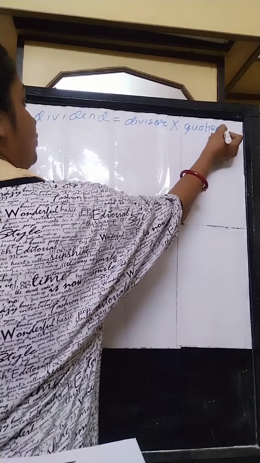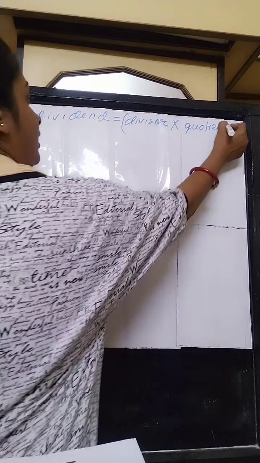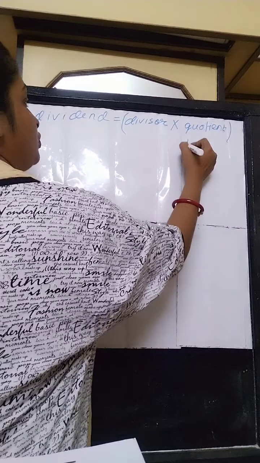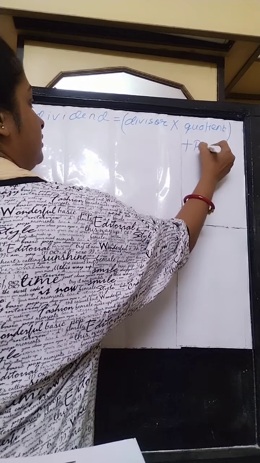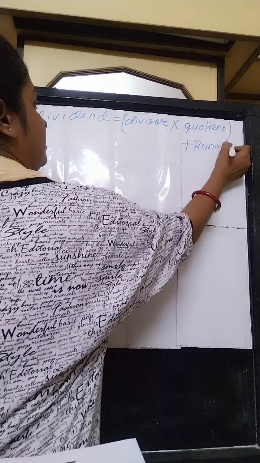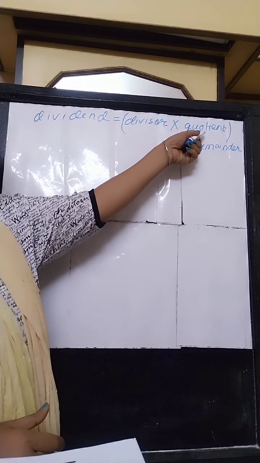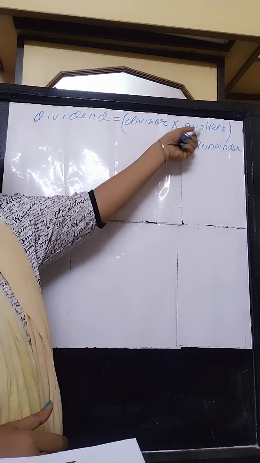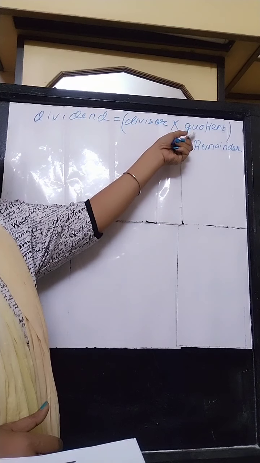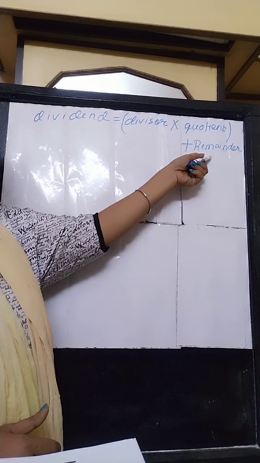Divisor and quotient will be given in the sum, and with this you have to add the remainder if given in the sum. So in order to find out dividend, first we need to multiply divisor and quotient given in the sum, and with that we have to add the remainder if there is any remainder in the sum.